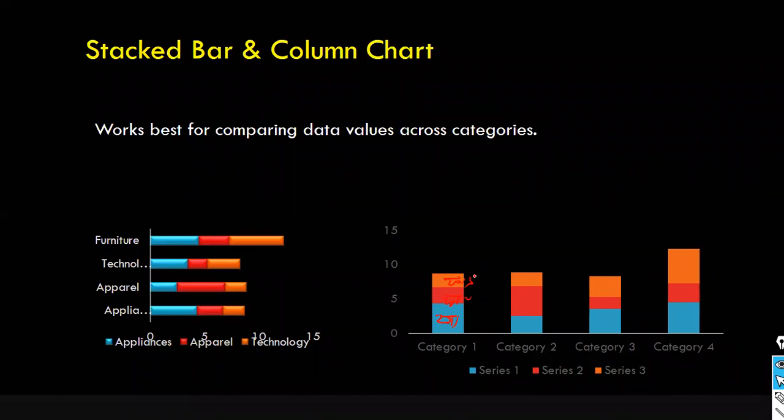Now the question is, when can I use a stacked bar chart, and when can I use a clustered column chart? Stacked bar charts are good to show the ratio between a total and its parts. You are comparing part to whole.